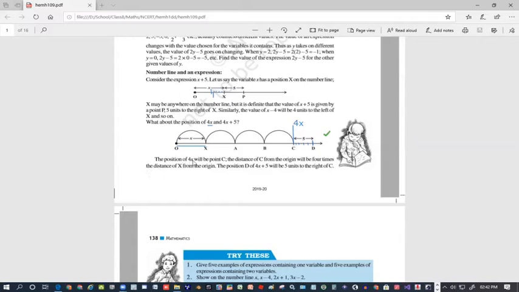The position of 4x will be point C. The distance of C from the origin will be 4 times the distance of x from the origin. The position D of 4x plus 5 will be 5 units to the right of C. This you have to do yourself. Nothing is fixed here. You can choose 5 units of any length in this case.